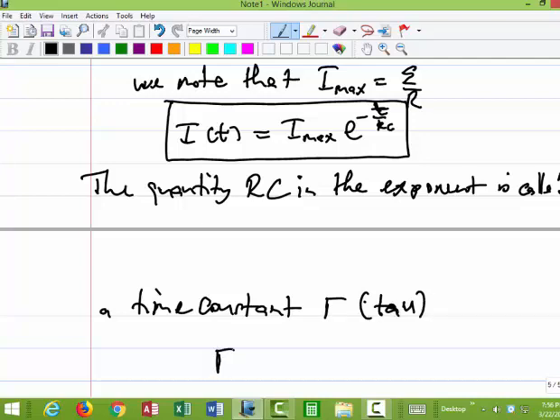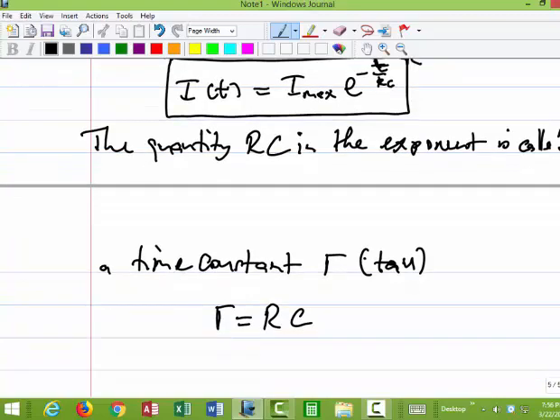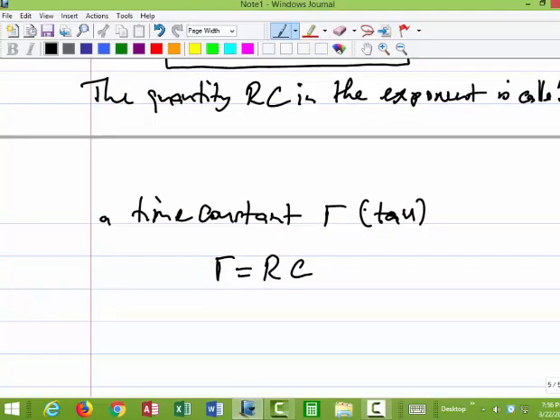Okay, so we can say tau is equal to RC. So we will see that when t is equal to the time constant tau, the current is at 37%.